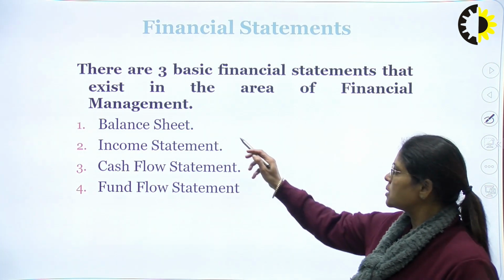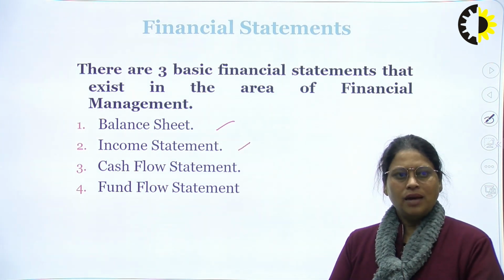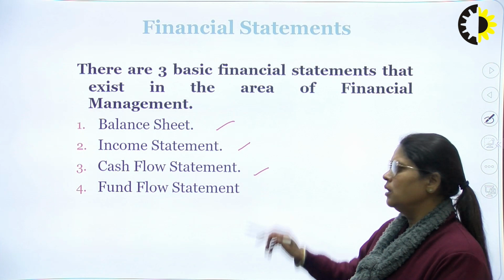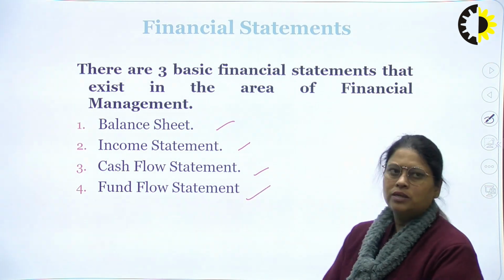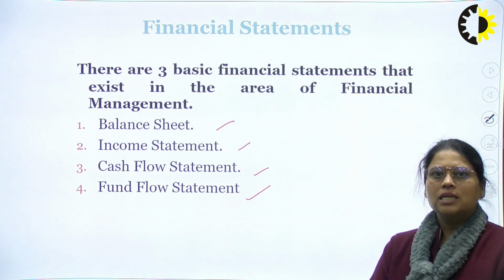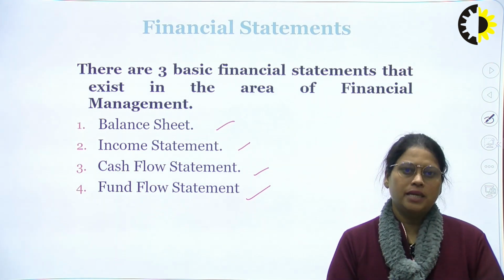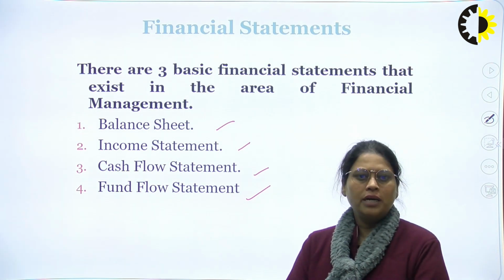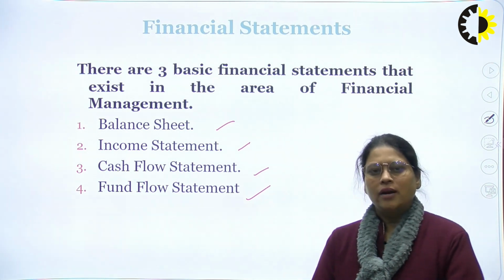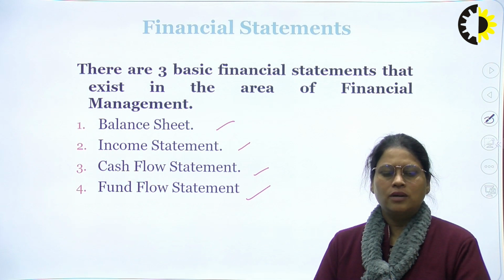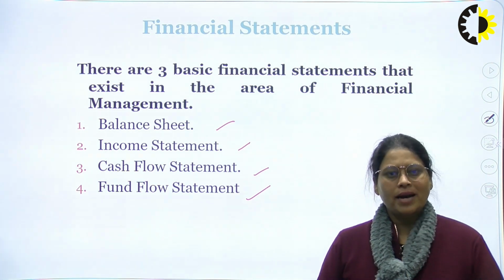These are the financial statements which we generate. One is the balance sheet, second is the income statement, next the cash flow statement, and the final one is the fund flow statement. Once we generate these statements, we can easily evaluate the financial situation of the company and identify whether it is running in a good situation or a bad situation.